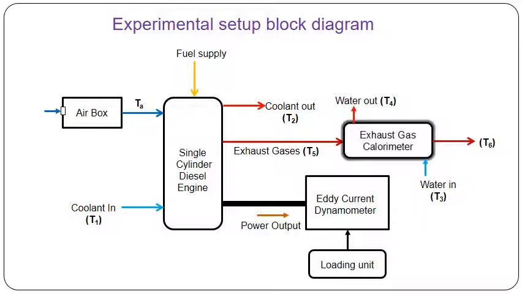So, as far as the setup is concerned, you have an engine which is connected to the dynamometer. It can be of any type, like a rope brake dynamometer, hydraulic dynamometer, electrical dynamometer, or eddy current dynamometer, and we can use various observations for obtaining the performance parameters.